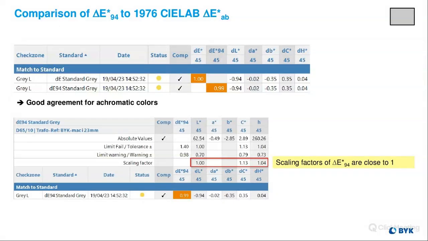But it's still a weighted color tolerancing, and it's pretty close between the CIELAB and the delta E94. The reason for this is that our scaling factors for delta E94 based on the equation are close to 1. And so our delta E star, which is CIELAB, and our delta E94 are both 1 or very close, 1 and 0.99. That's why this equation has good agreement for non-chromatic colors.